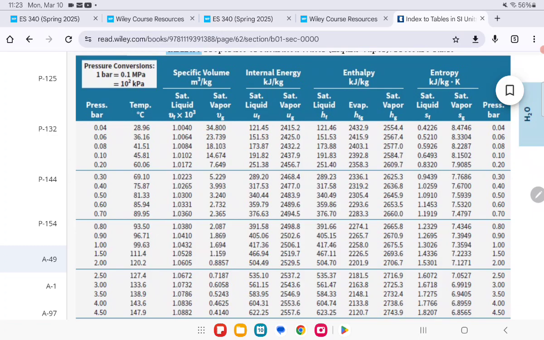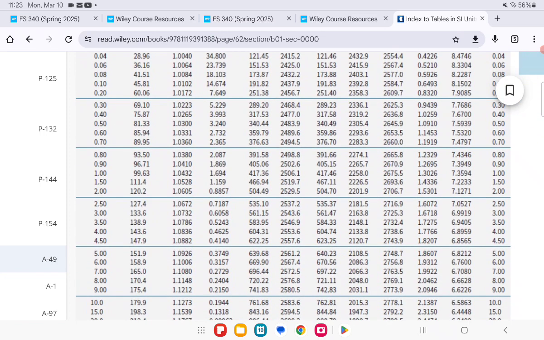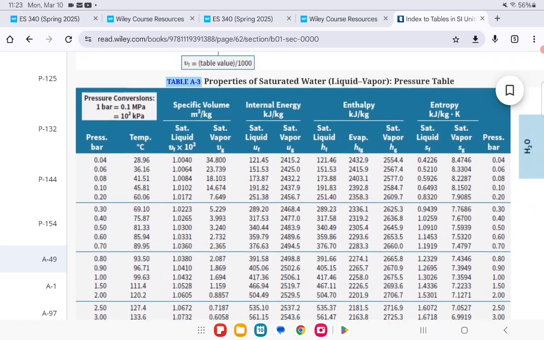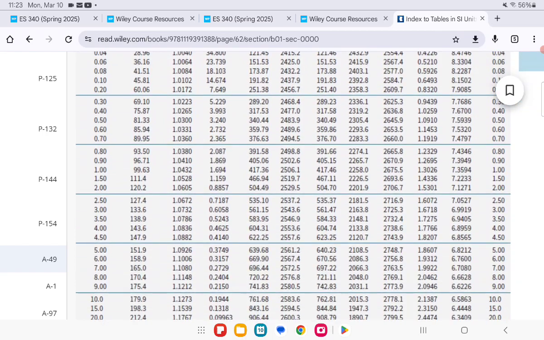So remember I said that you always have enough information to give us a pair of quantities, and in this case, the fact that it's saturated vapor is enough to let us figure out what the pressure would have to be.